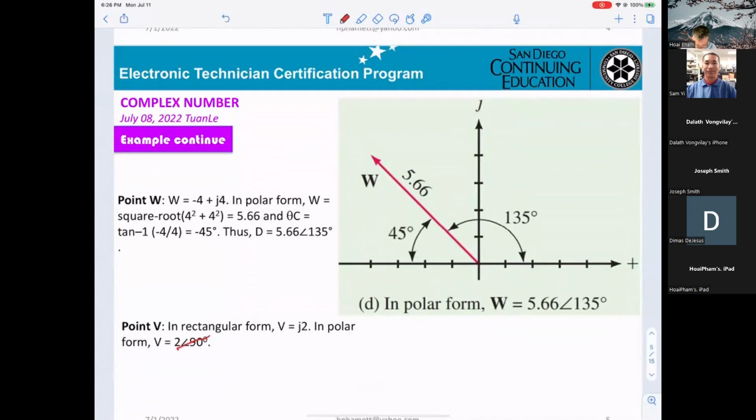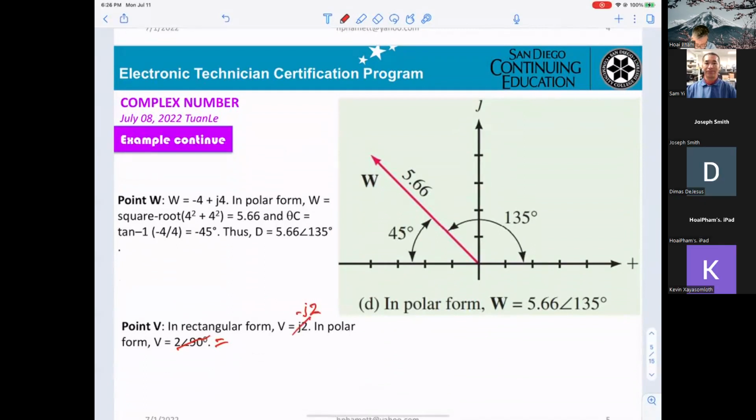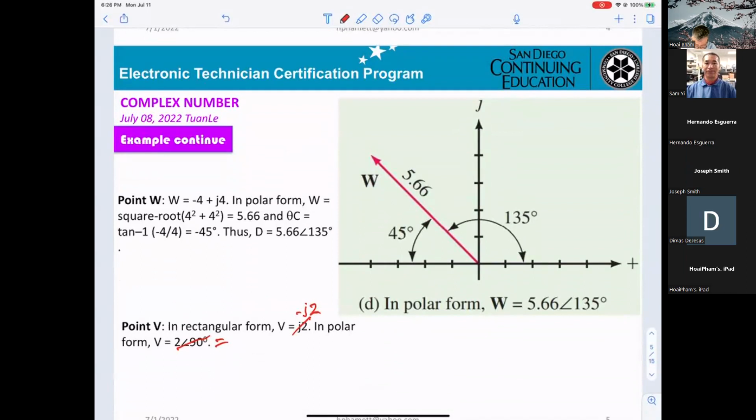So where it says J2, it should be minus J2. Yeah, exactly. And V will be what? That'll be minus 90 degrees, or 270 degrees.